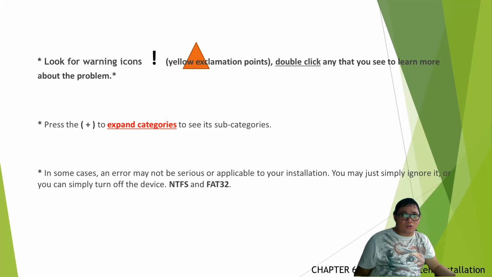If needed to install a separate drivers, you need to install a separate drivers. Some of them naman sa Windows 10 kasi ang maganda sa Windows 10, it already has complete drivers, especially those who are in 2021 versions. So expand categories, makikita nyo dyan. So, pag yan naman, walang nakitang errors, just ignore it.